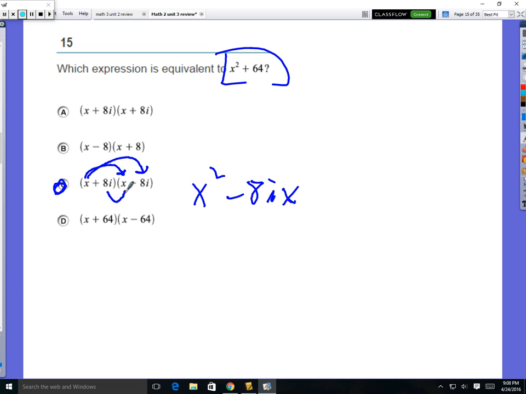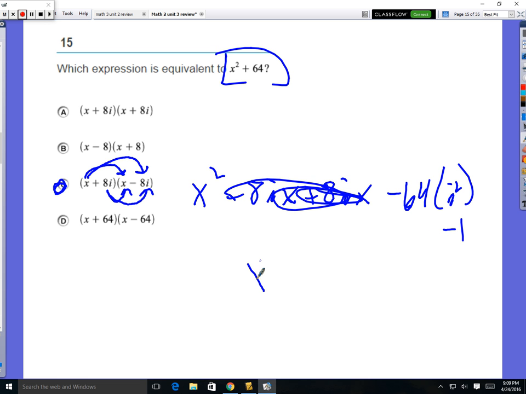And 8i times x is a plus 8ix. And 8i times a minus 8i is a minus 64i squared, which is a minus 1. These undo, so it's x squared plus a minus 64 times a minus 1, which is a positive 64.